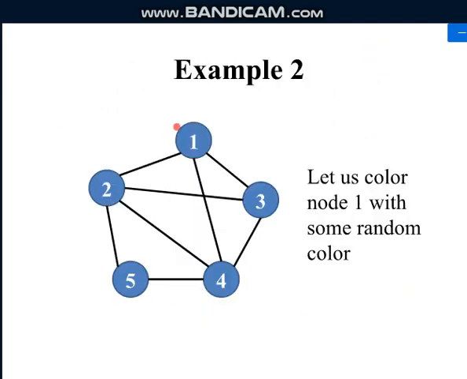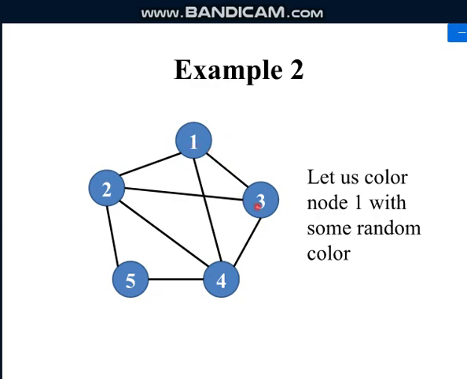So now look at the second example. If you start coloring the first node, let us consider node 1. Node 1 we will try to color with some random color. Then node 2, can we color it with the same color? No, we cannot color node 2 with the same color because 2 is connected to 1.